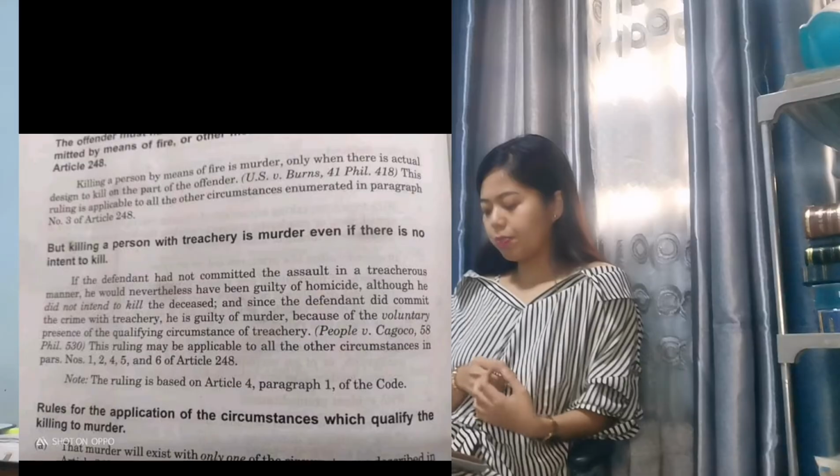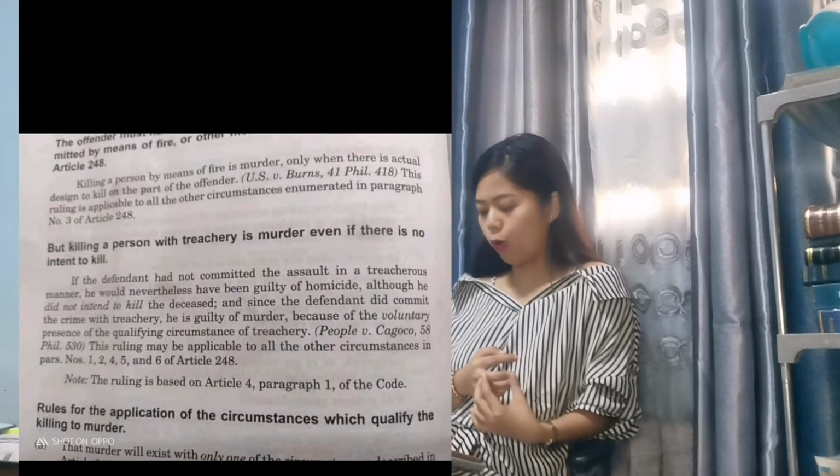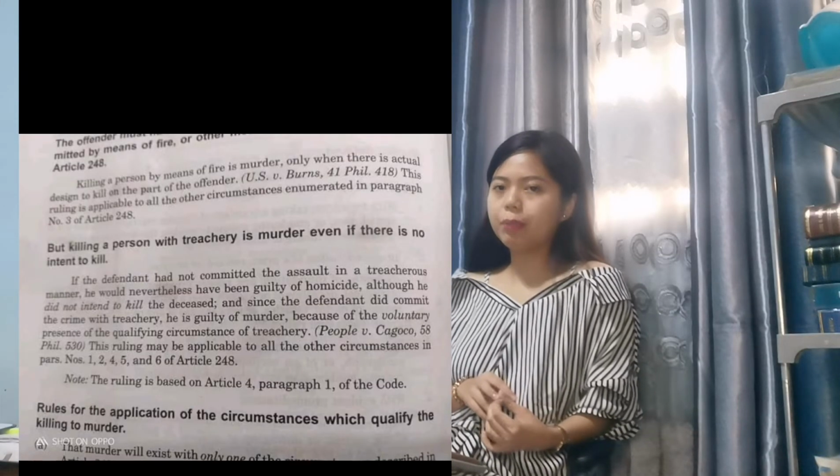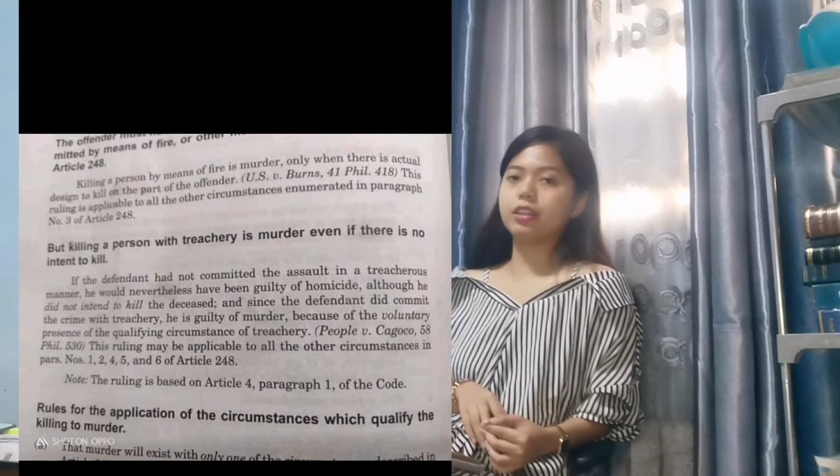Okay. This is the scenario. If you're going to read the book, the citation is People versus Kakgoko, 58 Philippine Reports 530. Ano ba ang nangyari dito sa People versus Kakgoko? Dito kasi, the accused, pangalanan natin yung akusado para chika-chika lang.